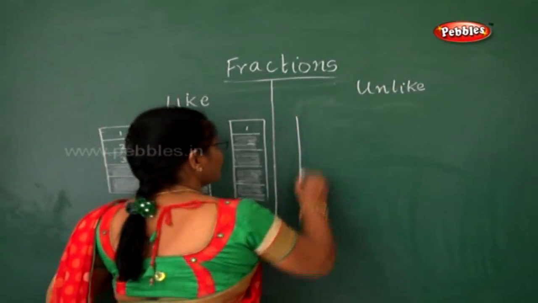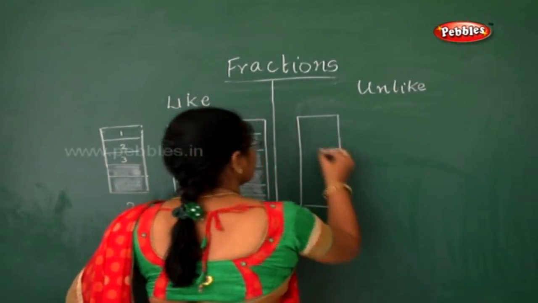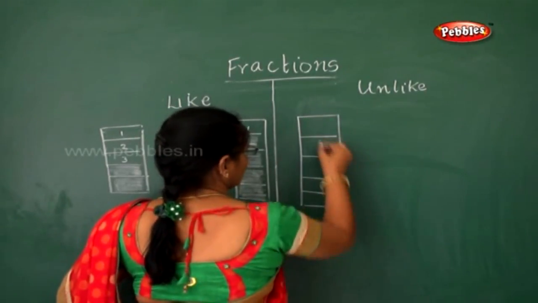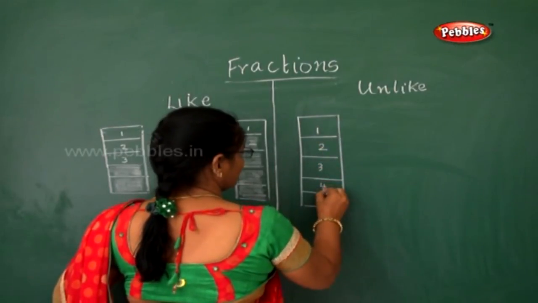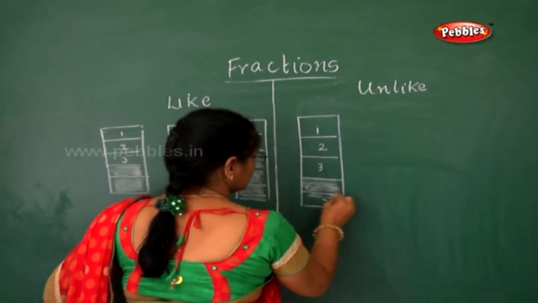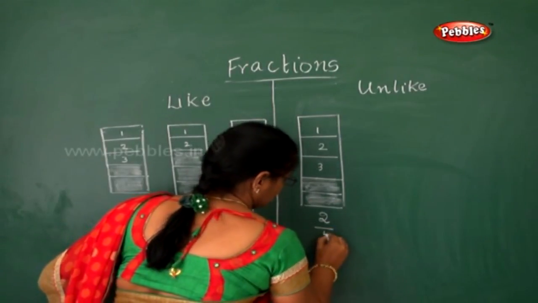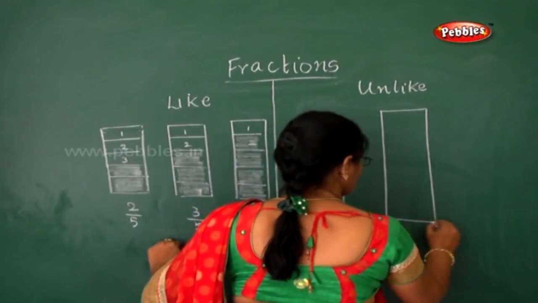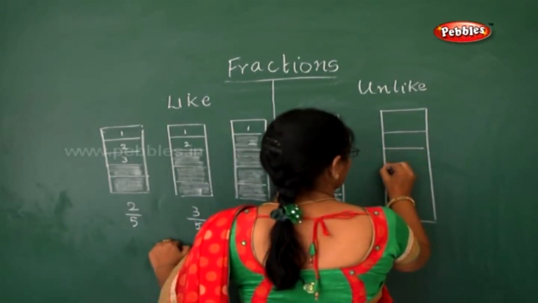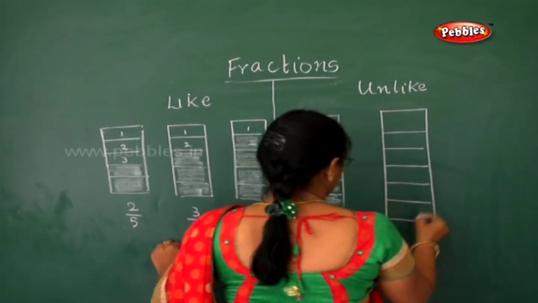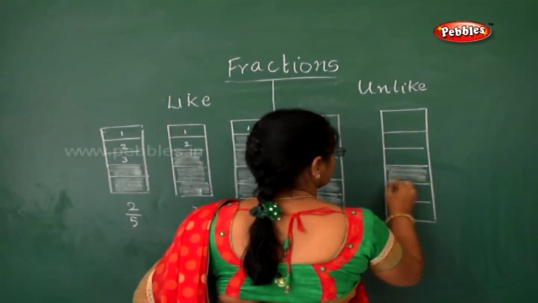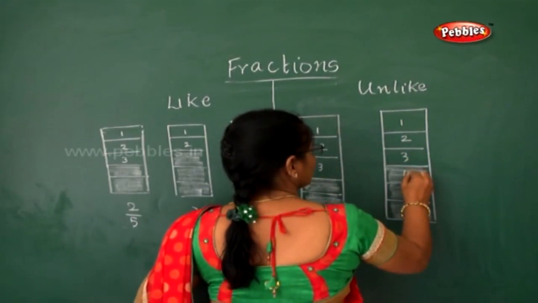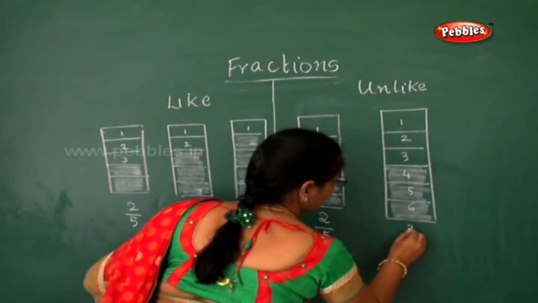See the next one we will go on with unlike fractions. So 3 by 6.